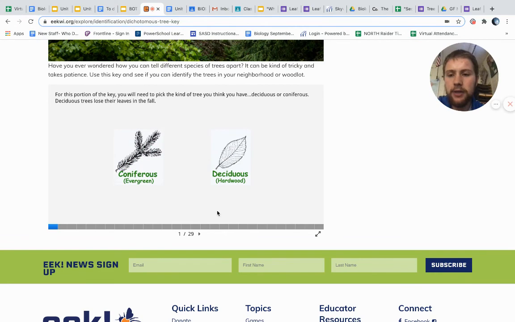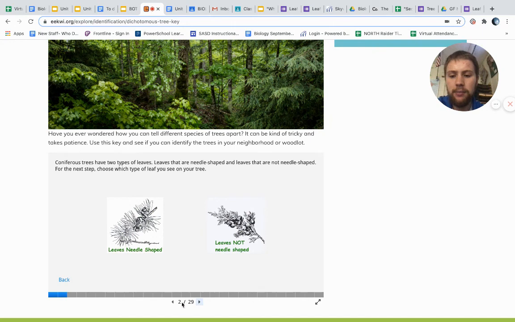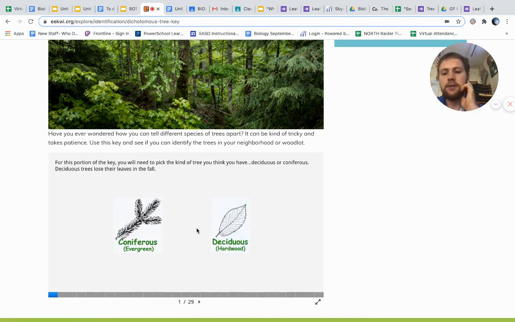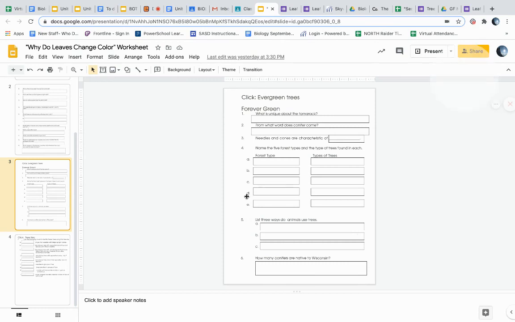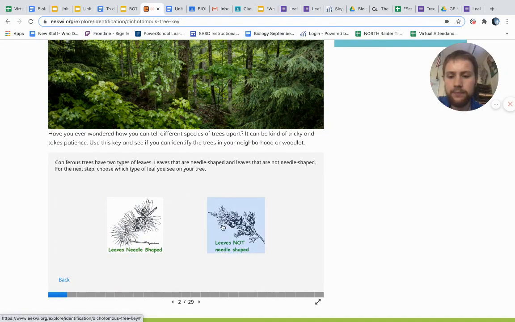Here's the dichotomous tree key. So then you can figure out, essentially, based on these different directions. You pick the kind of tree you think you have, deciduous or coniferous, and then it reroutes you to find one. So let's work through one together. Use the following clues to identify these trees using the tree key. So if it's single flat needles with large upright cones, so we want needles there, so we want coniferous. All right, coniferous trees have two types of leaves: leaves that are needle-shaped and leaves that are not needle-shaped.